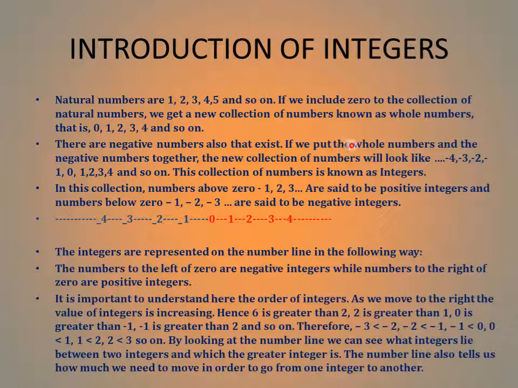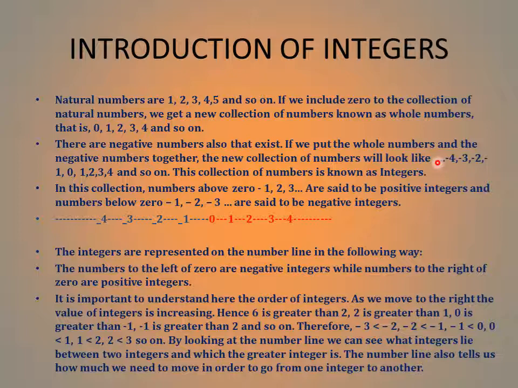If we put the whole numbers and the negative numbers together, the new collection of numbers will look like this: minus 4, minus 3, minus 2, minus 1, 0, 1, 2, 3, 4 and so on. If you see here, minus 4 is the least one in the given collection. Means less than minus 4 also there exists a number.